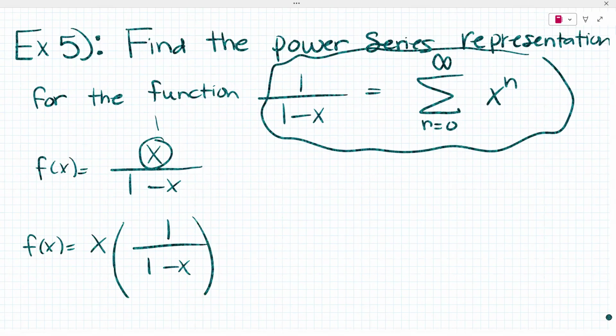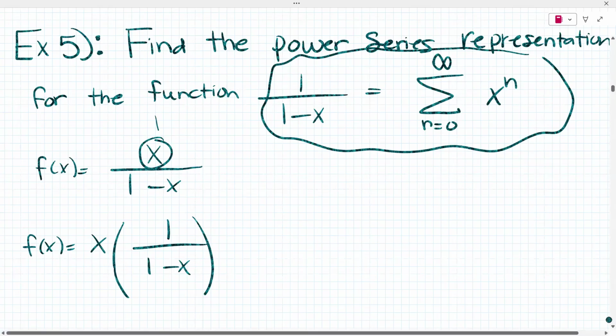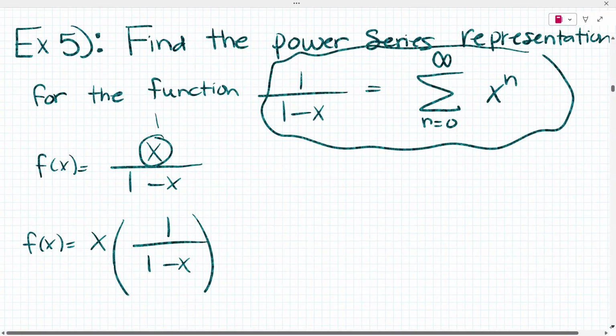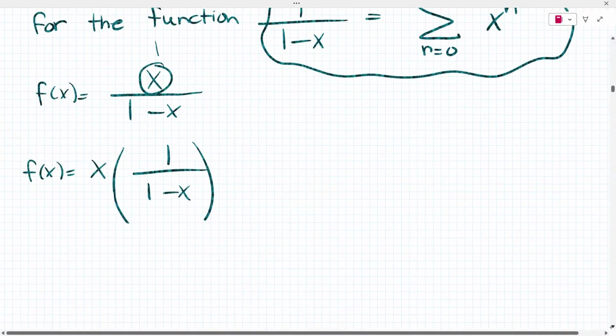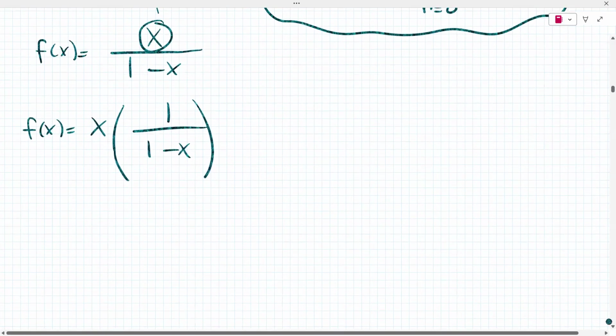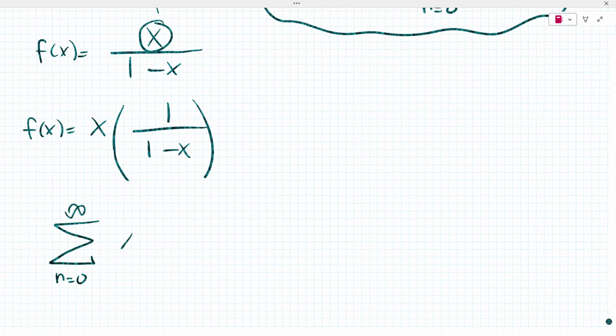Now we have 1 over 1 minus x is the summation of x^n, but we have an extra x, so we can say x times the summation.